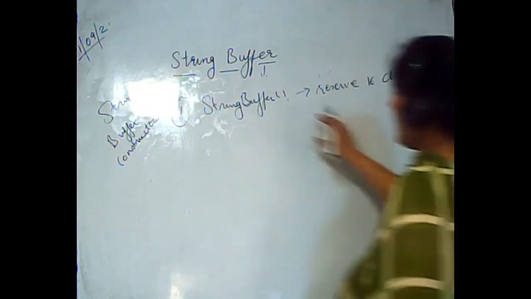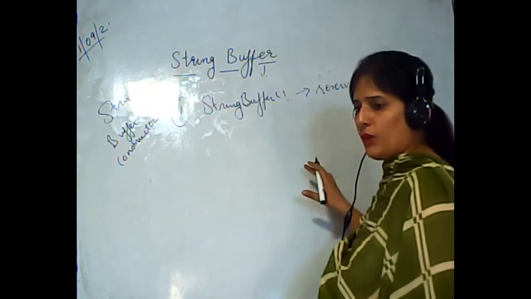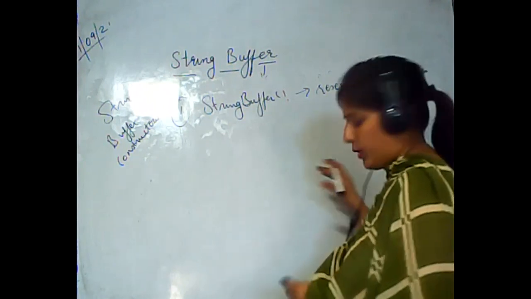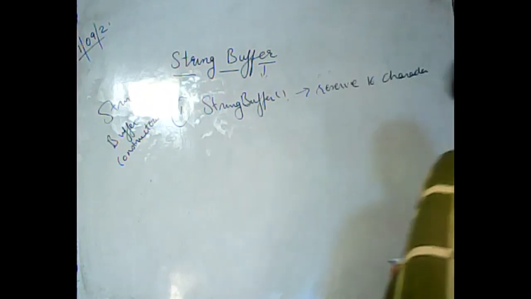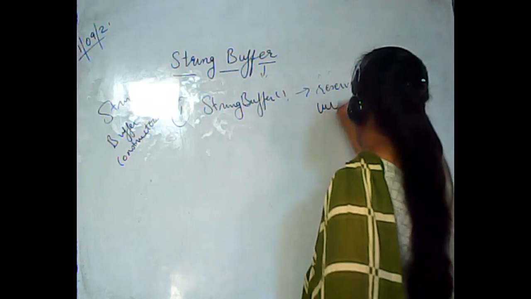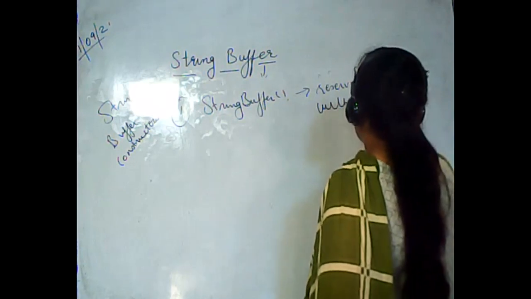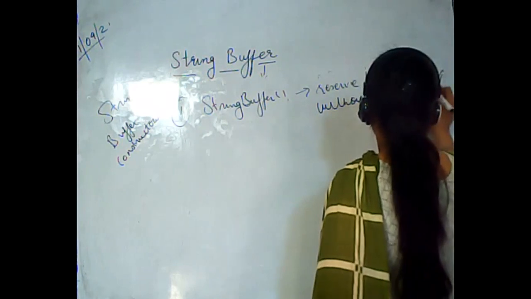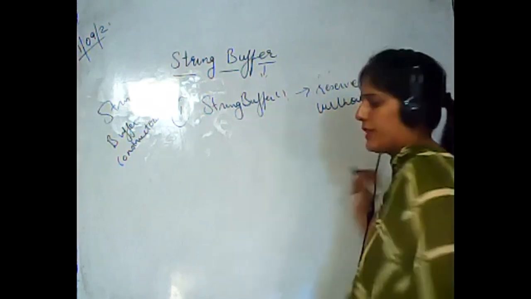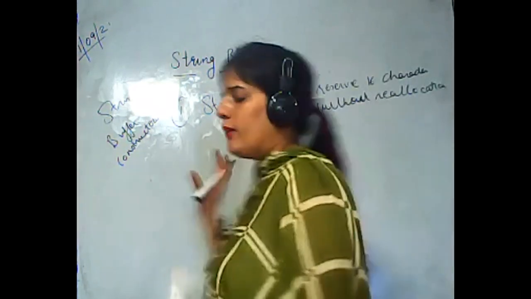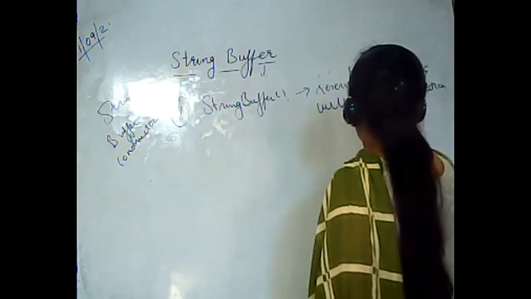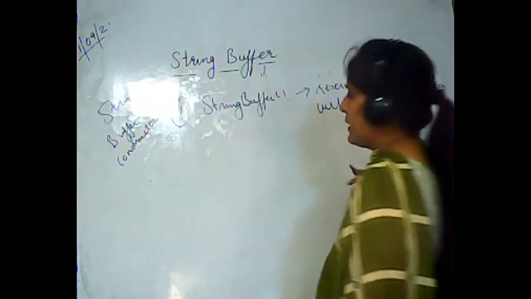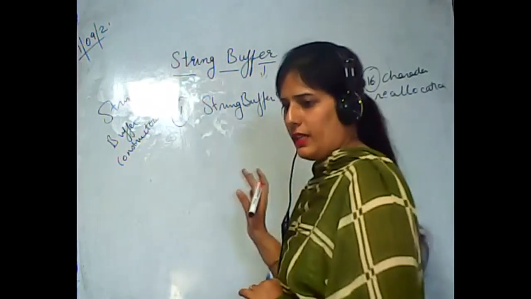So it will reserve room of 16 characters without reallocation. What we mean by reallocation is that we don't need to allocate all those characters again and again. So we give a default value of 16 characters that it can reserve for a particular string.